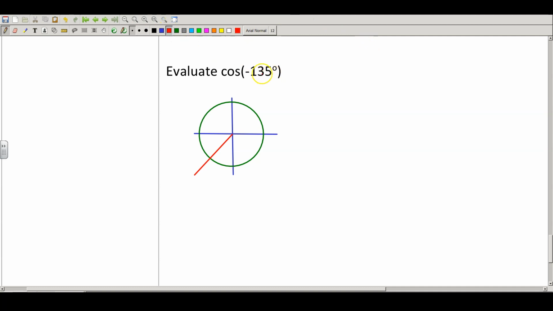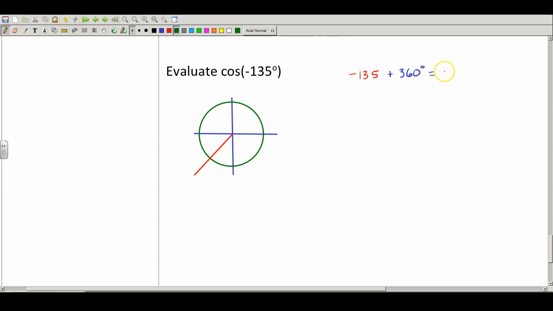So I could take negative 135, and in this case I'm going to add one rotation to it, and since I'm working in degrees, I'm going to add 360 degrees.